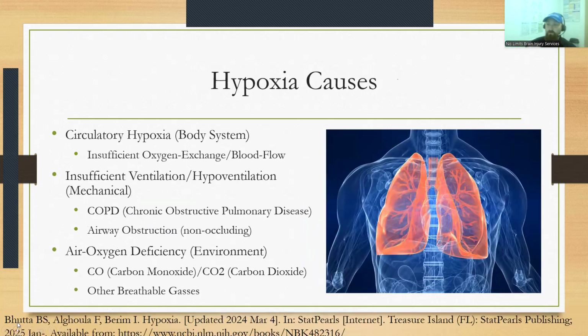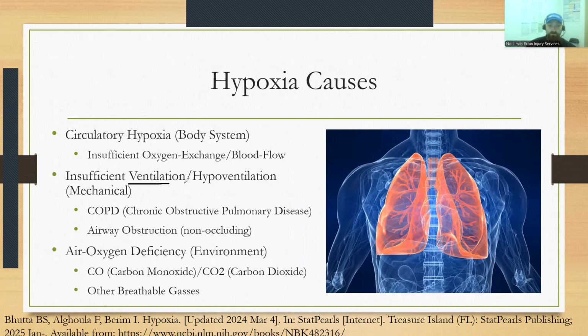So moving on, what can cause hypoxia and anoxia? Well, for hypoxia, we have circulatory hypoxia, which is kind of a body system thing. Think about those vasculatures. Think about the maybe insufficient oxygen that is being exchanged in the lungs. Think about someone with a history of lung problems. Maybe they were a smoker for 40 years.